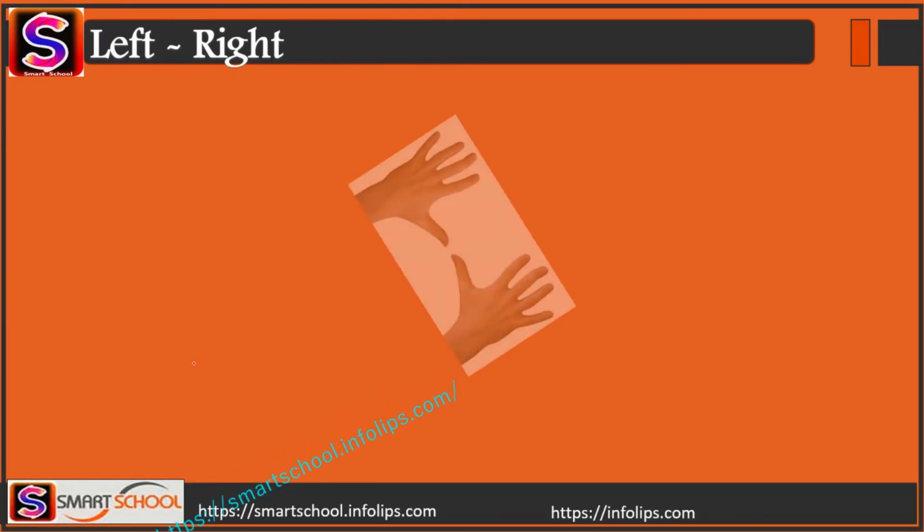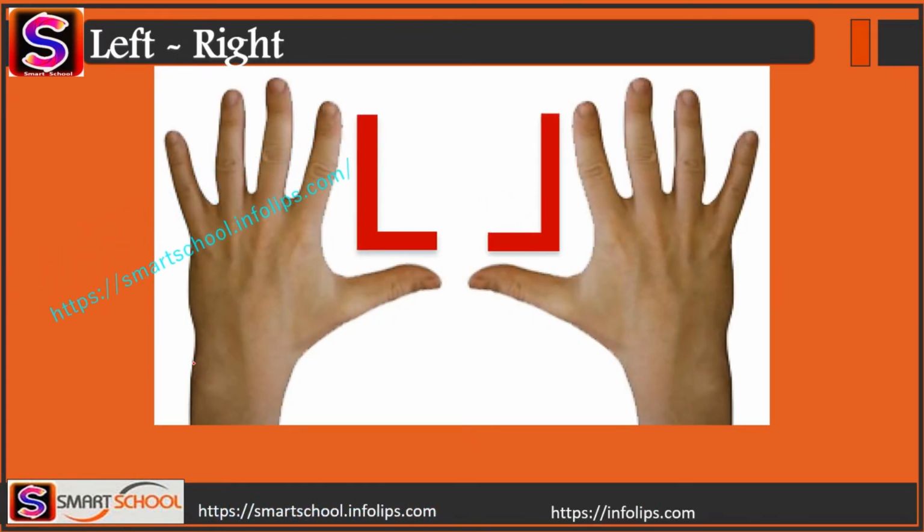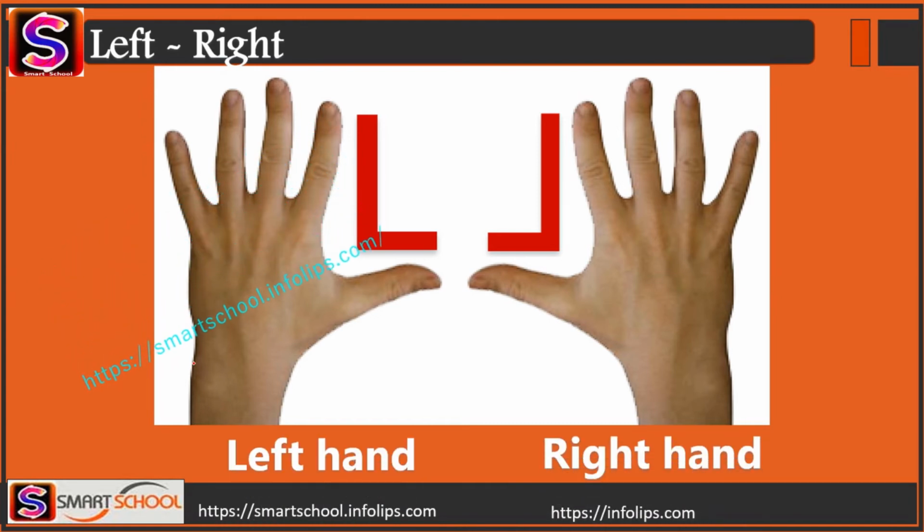I hope you understand better. Just review it. The hand whose fingers shape the exact L is your left hand, and the other one is the right hand. Remember it, these two fingers will make the exact L shape, and L is for left.